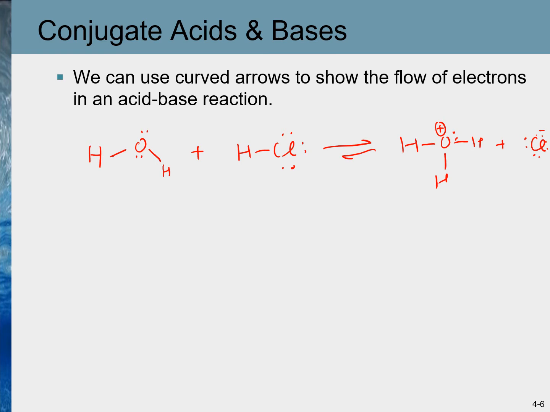Therefore HCl is the proton donor, and so it will be an acid. And water, because it's accepting the proton, is acting as a base.